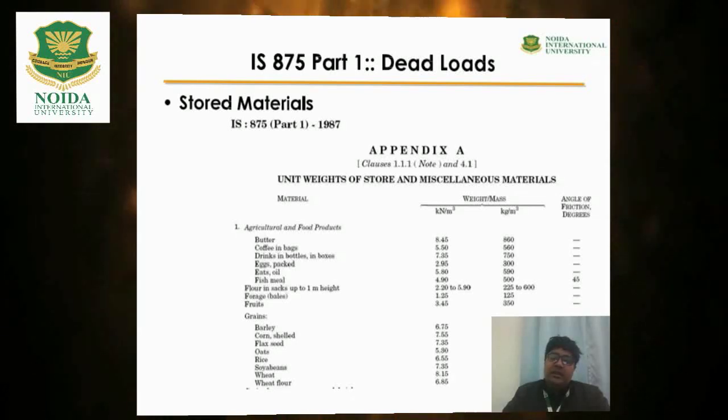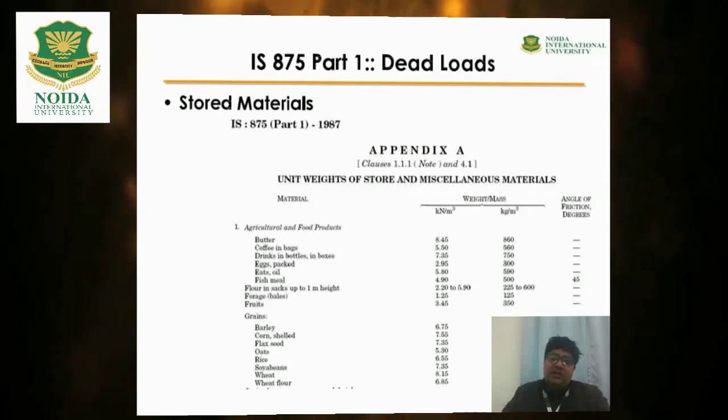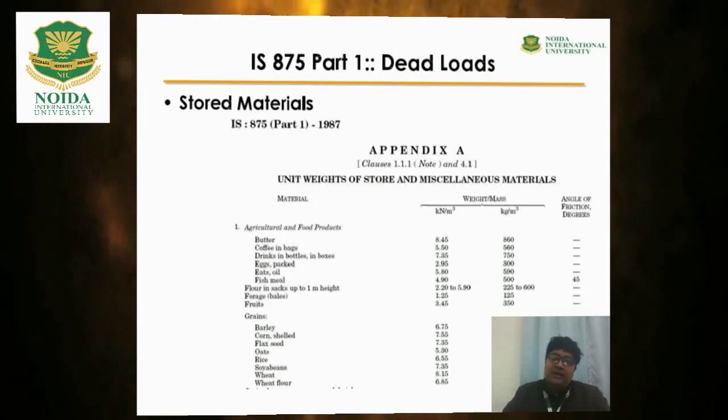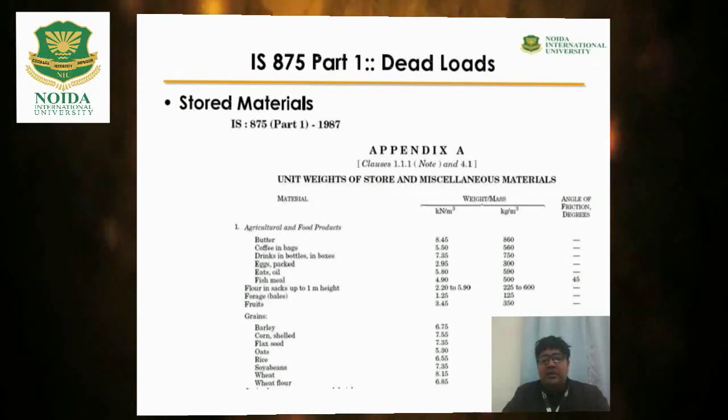It is given in Appendix A, in clause number 1.1, and it says about the stored material. If we take the example of a kitchen, or a storeroom, it will have the material which is stored in that particular part of the building. If we take each and every material, for example agriculture and food products such as butter, coffee bags, drinks, eating oil, fish meals, they will have different unit load combinations given per unit volume.